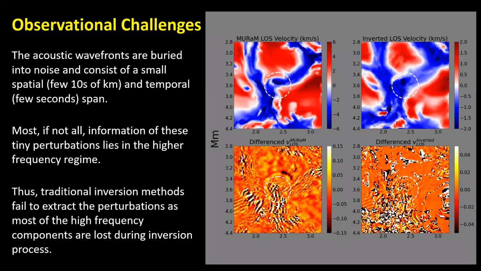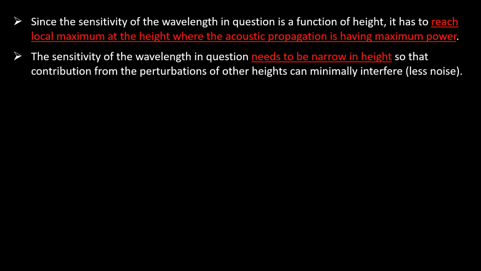What we have found is that you need to look at the response function of the spectrum, and there you have to find a specific wavelength that has these conditions. We need to find a wavelength that has the maximum power from the acoustic propagation, which means a wavelength that gets maximally affected by this small amount of velocity perturbation.